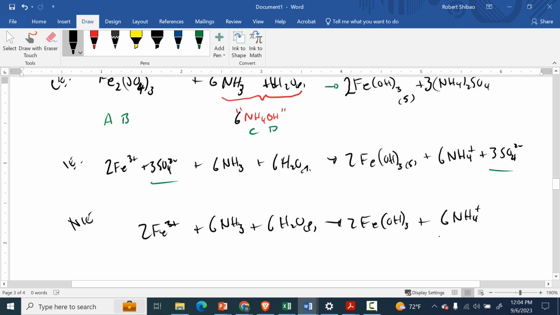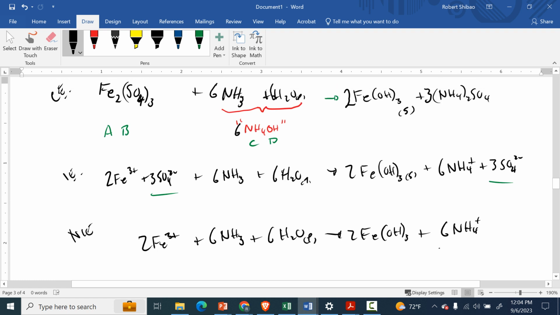Now we have a reaction like this. Then we think, could there be a redox reaction here? Potentially, but could there be a Brønsted acid-base? Yeah, potentially. But we have a strong driving force for this, so we expect this to happen.